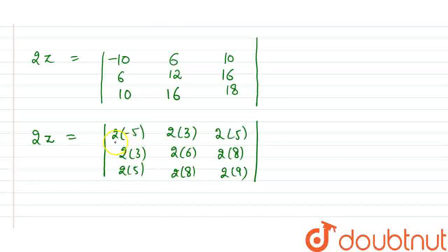Now we can take 2 common from each row or from each column. This is R1, R2 and this is R3.